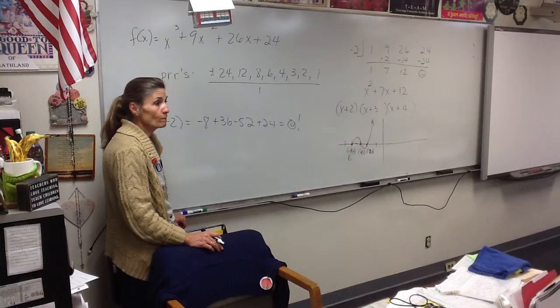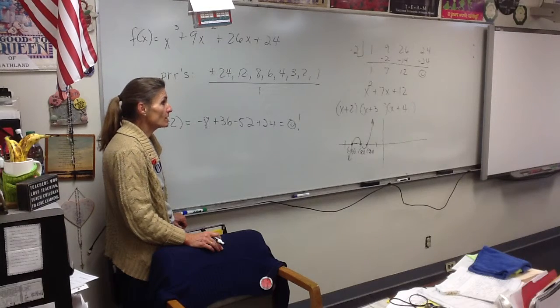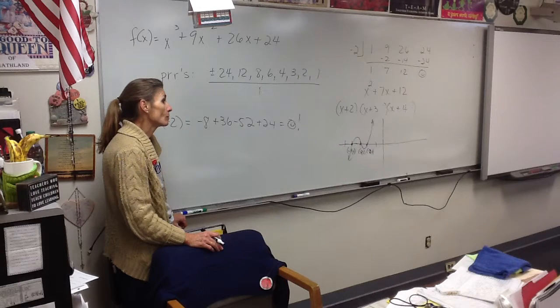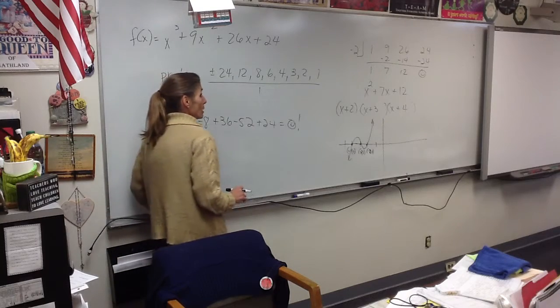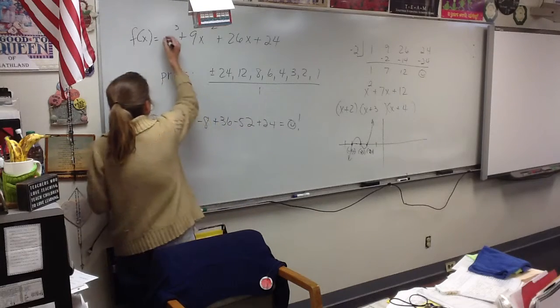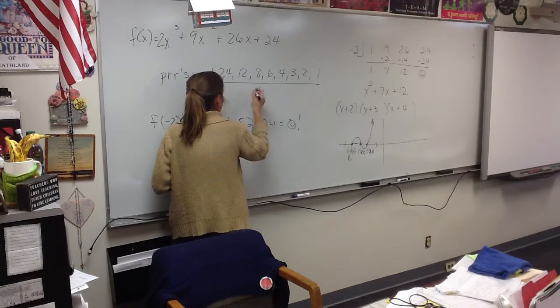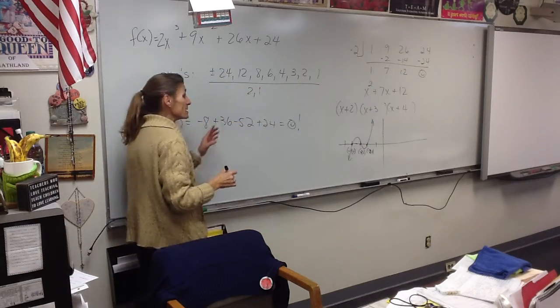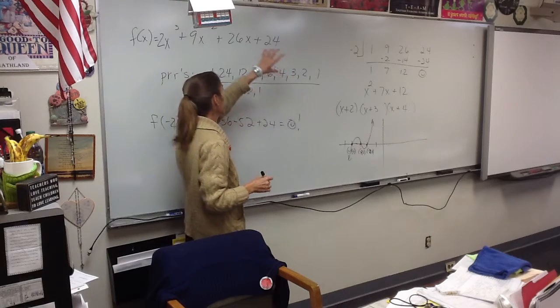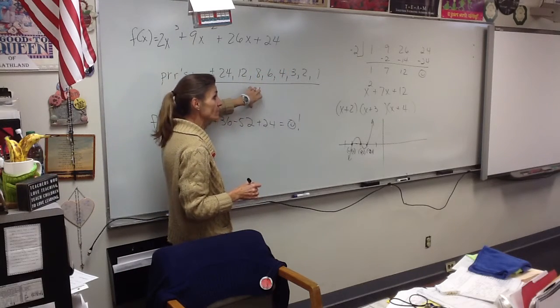All right, one more, and then I'll shut up for the day. Audrey? I have a question. So the leading coefficient is 2, you divide whatever you guess by 2, and then you just look over. No. Well, now wait a minute. If there's a 2 out here, then that was somebody else's question a minute ago. That simply means when I do my PRRs, factors of constant over factors of leading coefficient.